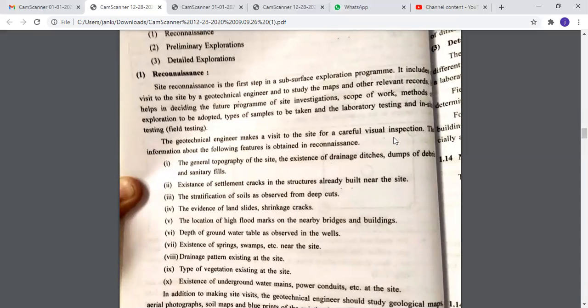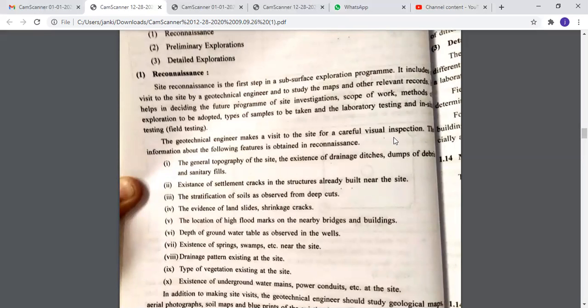Third is the stratification of soils as observed from deep cuts, the evidence of landslides, shrinkage cracks, the location of high flood marks on nearby bridges and buildings, the depth of groundwater table as observed in wells, existence of springs, swamps, etc. near the site, the drainage pattern at the site, the type of vegetation existing at the site, and existence of underground water mains, power conduits, etc. at the site. So these are all the features obtained in reconnaissance.